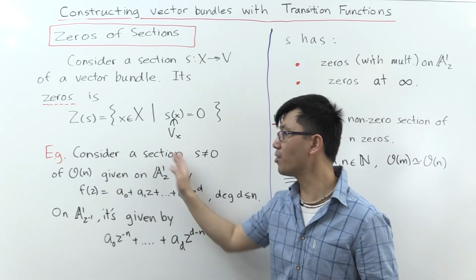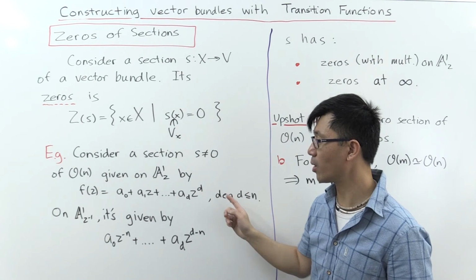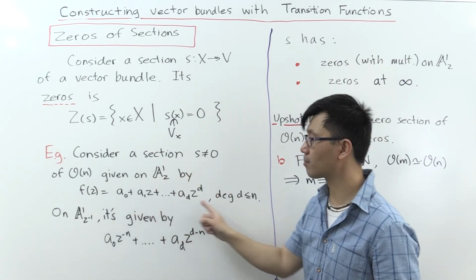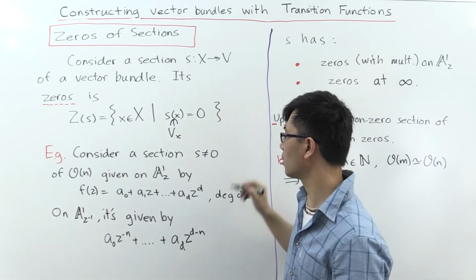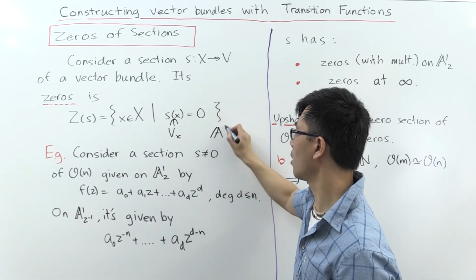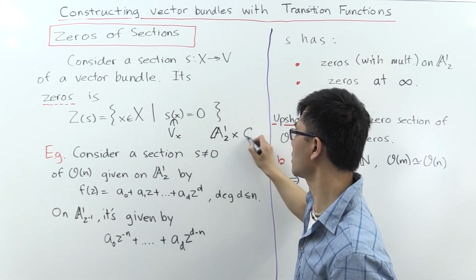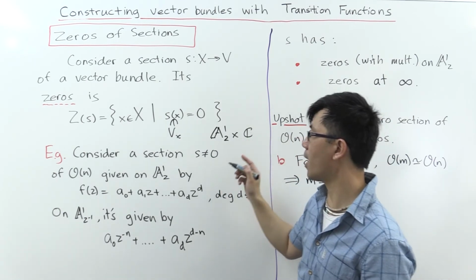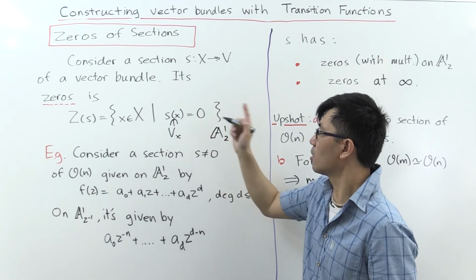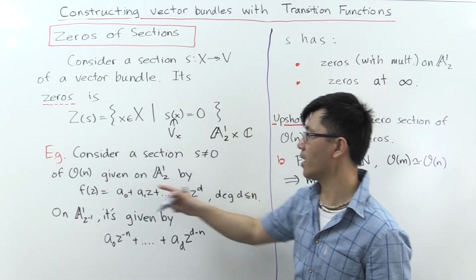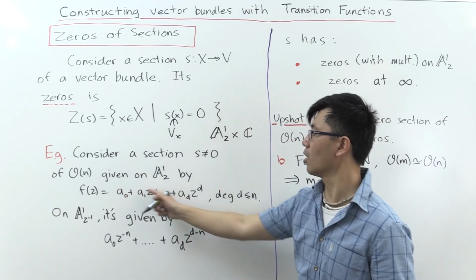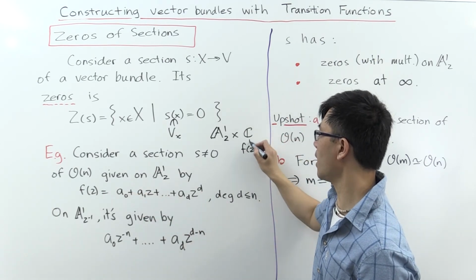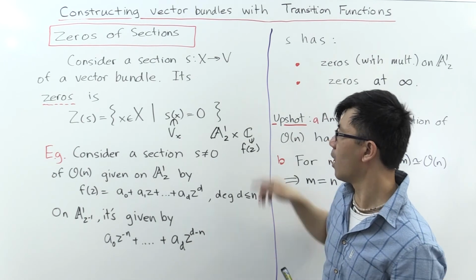Okay, so on this patch here, it's quite easy to see what happens. This is just the trivial vector bundle. So the trivial vector bundle is just the affine line with coordinate z, cross C. And so S is just given by mapping z to z here, and f of z over here. So f of z is inside this coordinate here.